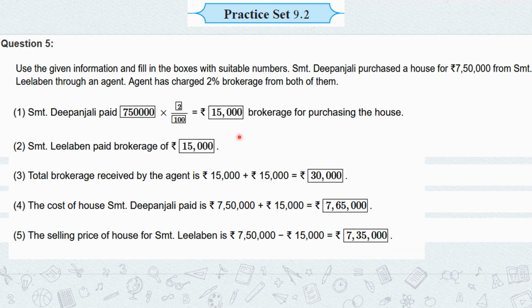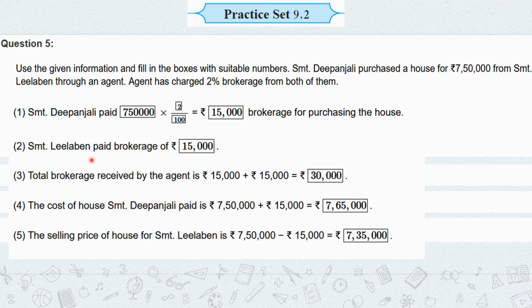Let us fill in the blanks. In the first blank, it is 7,50,000 and there was 2% brokerage on it. So we first find 2% of 7,50,000, which will give you 15,000. That means you had to pay 15,000 more in order to purchase the house.